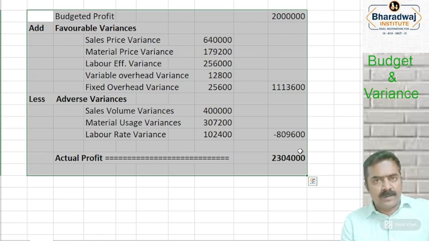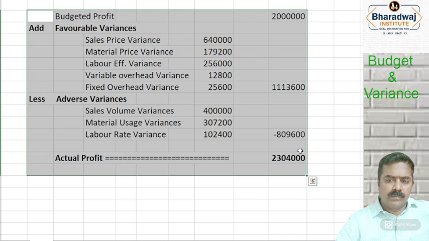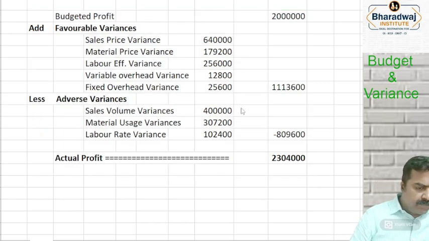Analyze the variances further. Have we taken up this overall?